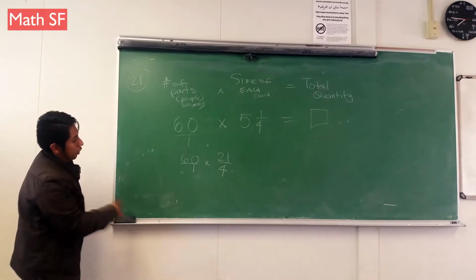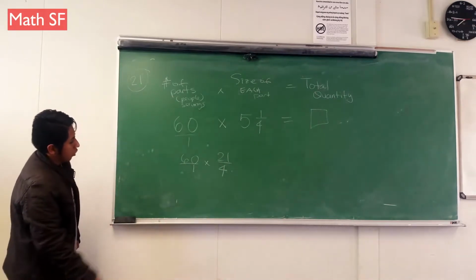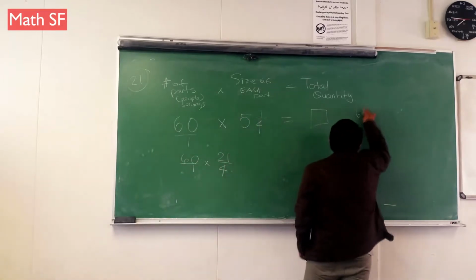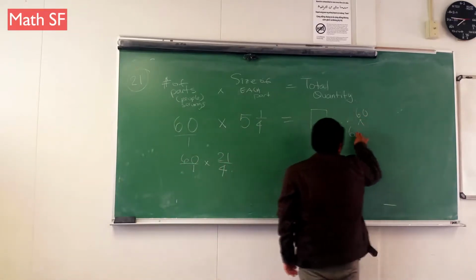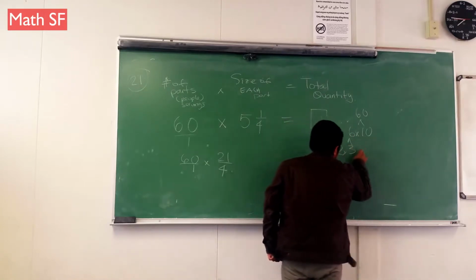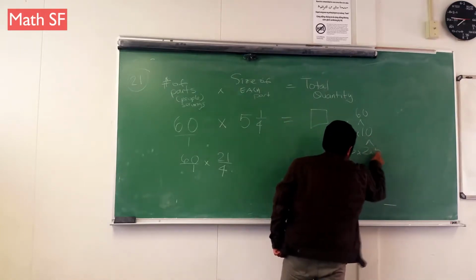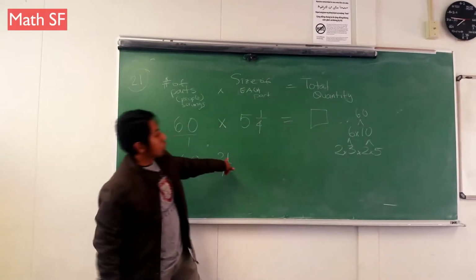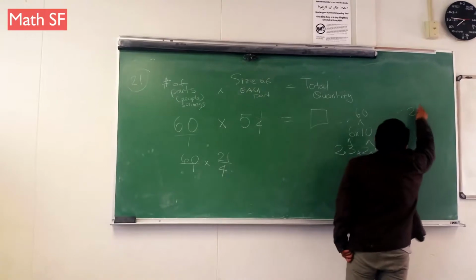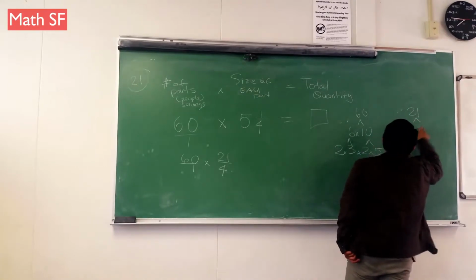Excellent. Now let's break each of them as product of prime numbers. 60. Let's do that on the side. 60. What times what gives me 60? Well, that's a 6 times 10. And that 6 is a 2 times 3. And that 10 is a 2 times 5. 21. What gives me 21? Let's see. 21 is a 3 times 7.